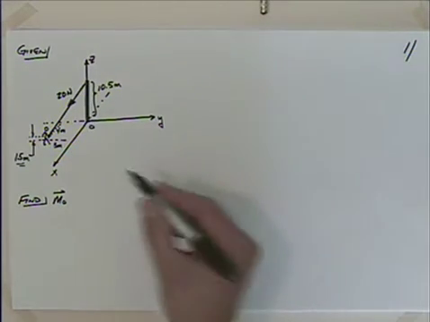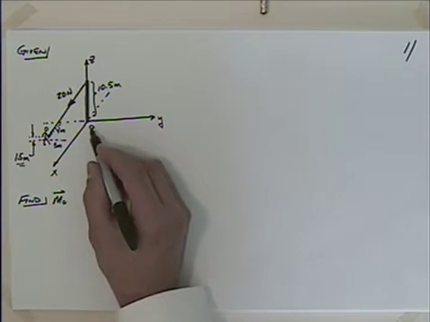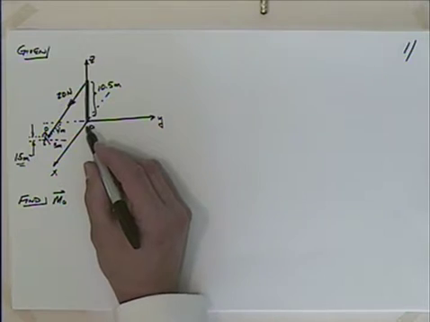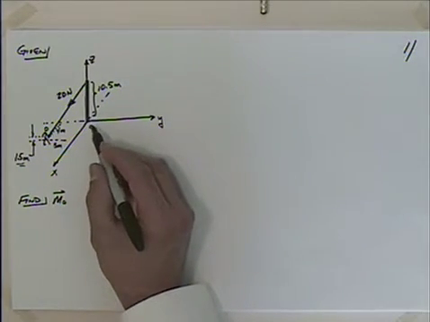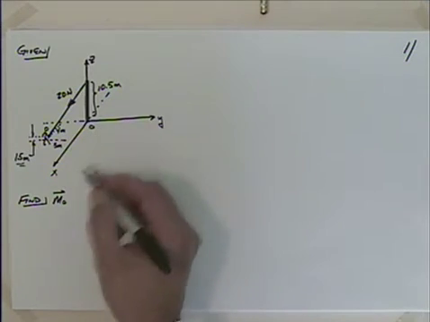So what we'd like to do is find the moment about O, the moment that is created about this point here. So let's see if we can do that. There are a couple of ways that we could go about this.